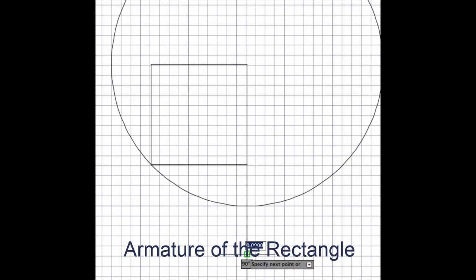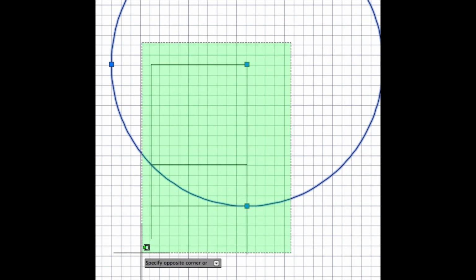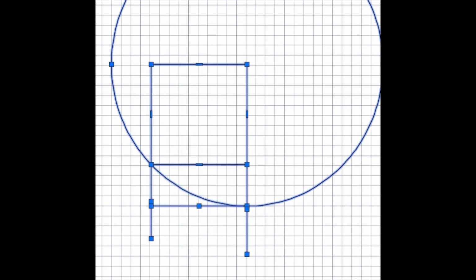So we draw a line down here, escape, draw a line down here, escape, and draw a line here. Now we have the golden rectangle. That's one of the first things we can use to create our dynamic symmetry.